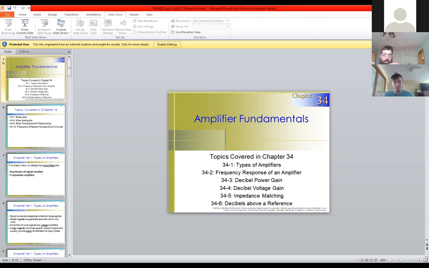The reason you want to match impedance is overall you want to avoid as much feedback or reflections in your circuit as possible. So by matching impedances from the source up to the output, more of the power is absorbed where it should be, and you get less reflections back on your line.